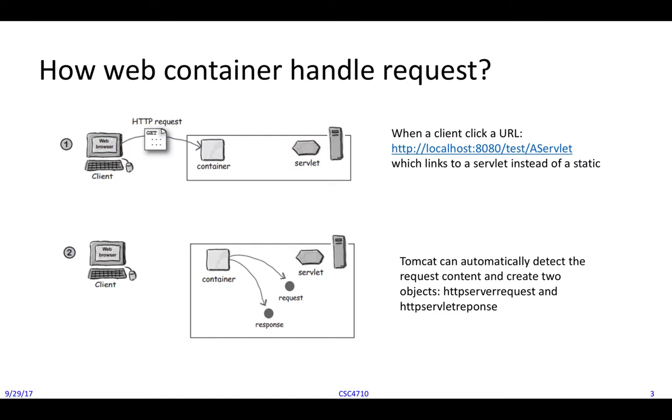So let's go into detail on how the web container handles a request. Based on picture one, if the user clicks the URL, for example, this is the URL, it has your project name, and this is the servlet name.